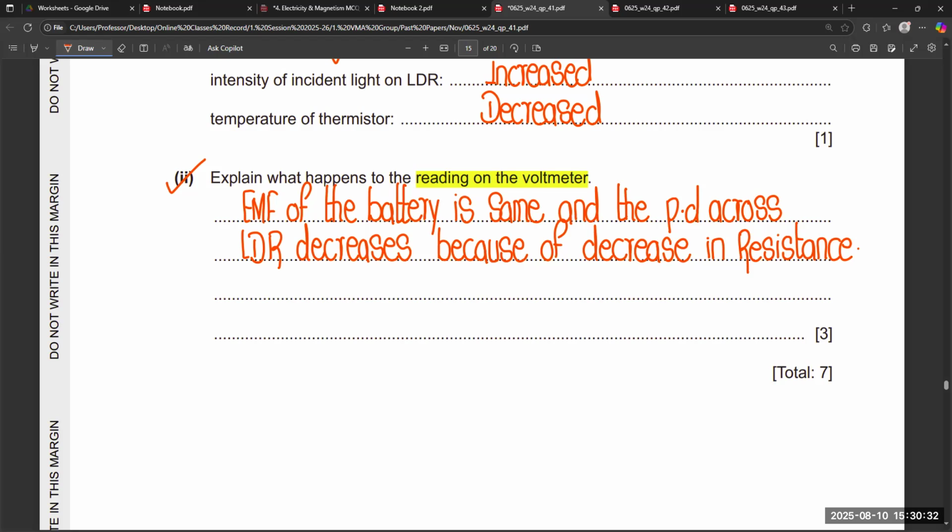So the voltage or the potential difference across the thermistor increases. It means now the thermistor is taking a greater share of the voltage, and the other component, LDR, is taking a small part of the voltage.